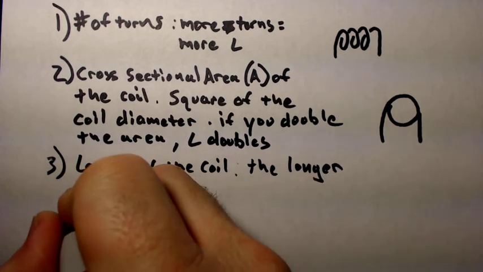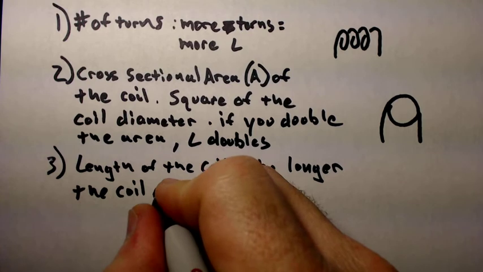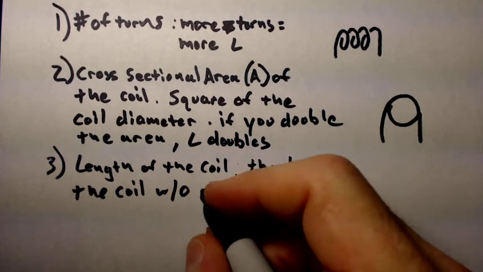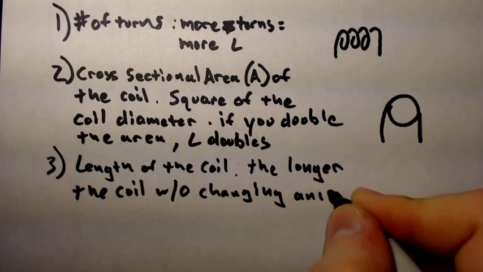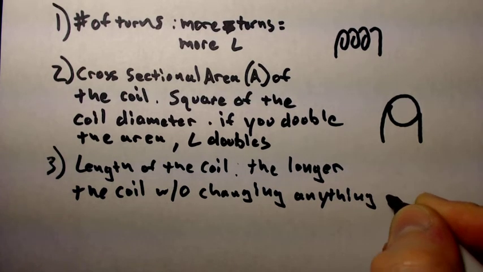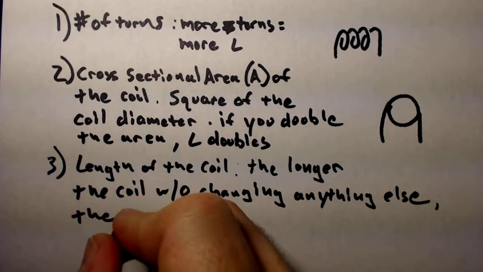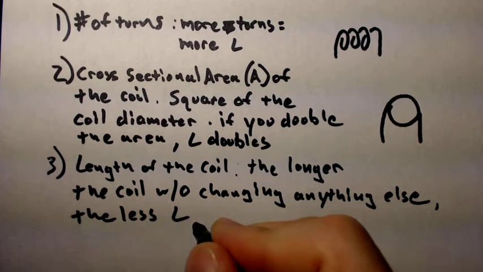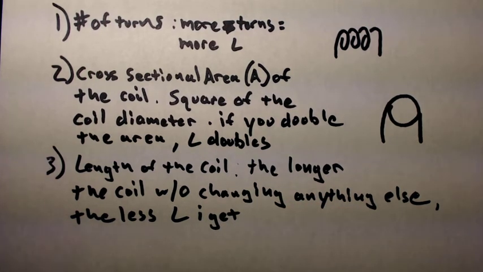The longer the coil, without changing anything else, the less inductance I get. I'll just leave that at there. Okay.